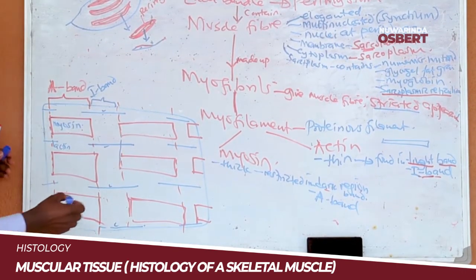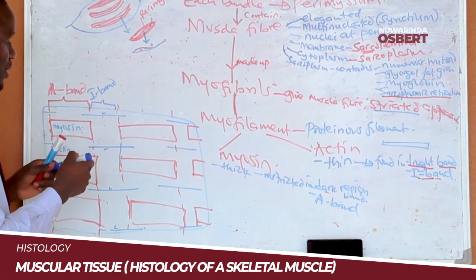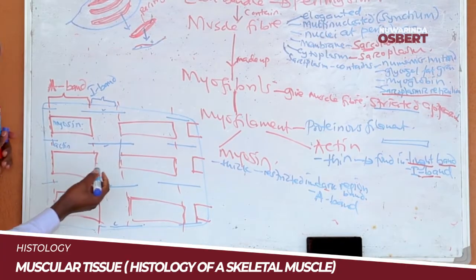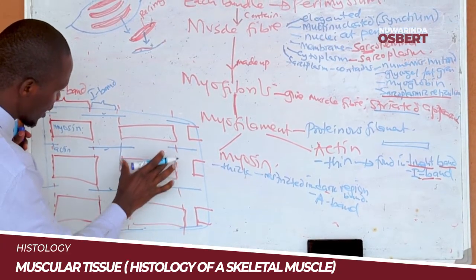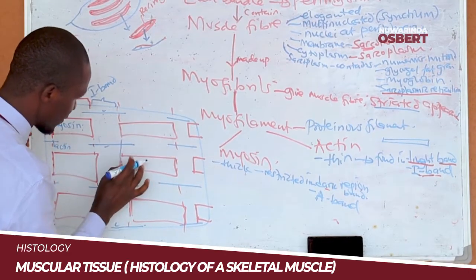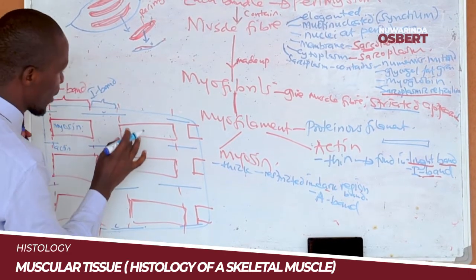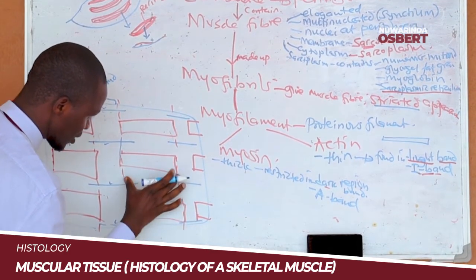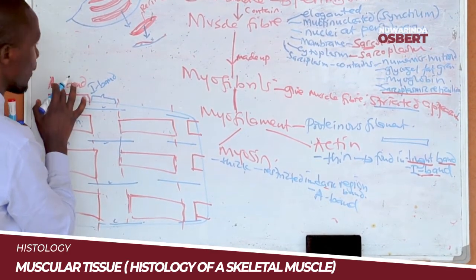Now, there are some lines which join up these structures here. Maybe before that, when you check this A band here, we have the actin, and we have the myosin. This region where we have the myosin, we are calling the A band.